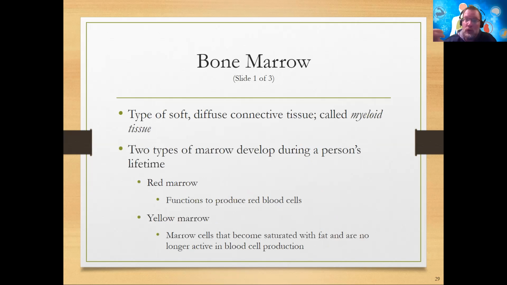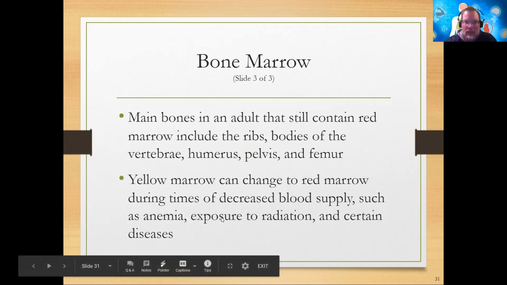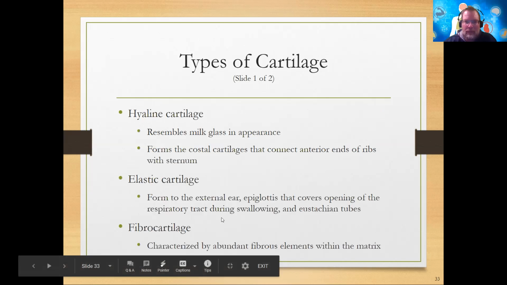We need to get nutrients to the cells that are producing the red blood cells, they call them hemopoietic stem cells. That's all advanced A&P stuff, but we need to get blood to bone and away from bone. Highly vascularized. All right, marrow, we already talked about that. I'm not going to spend any more time on that.